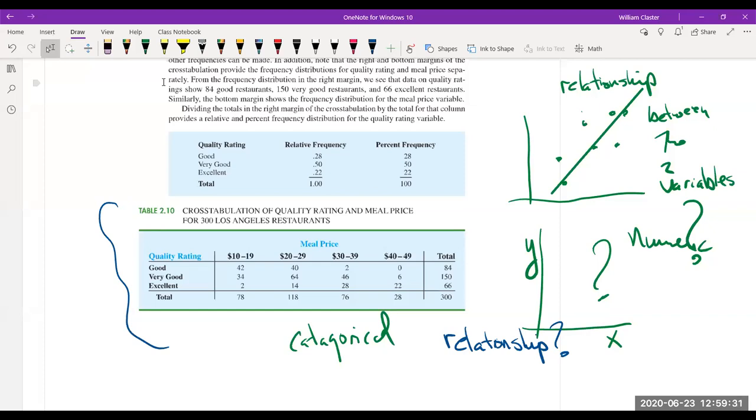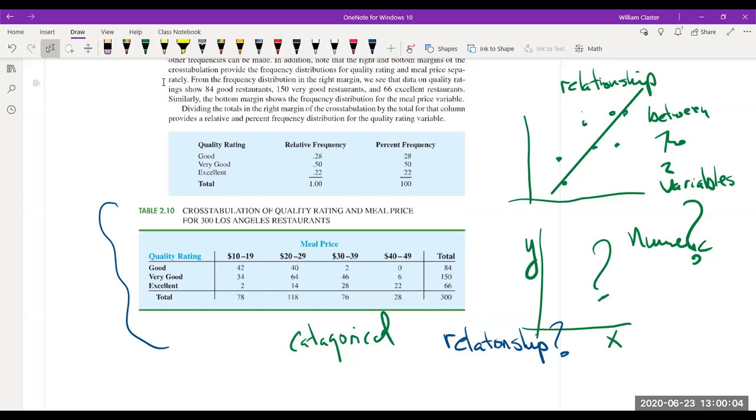That's a very interesting approach. So he said, let's focus on the highest number, which in this case means the highest number of restaurants, because the numbers stand for the restaurants. He noticed that the quality rating for that highest number was very good, and the meal price was between $20 and $29.